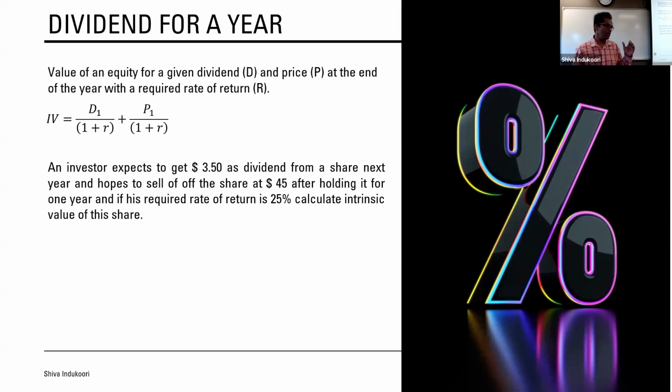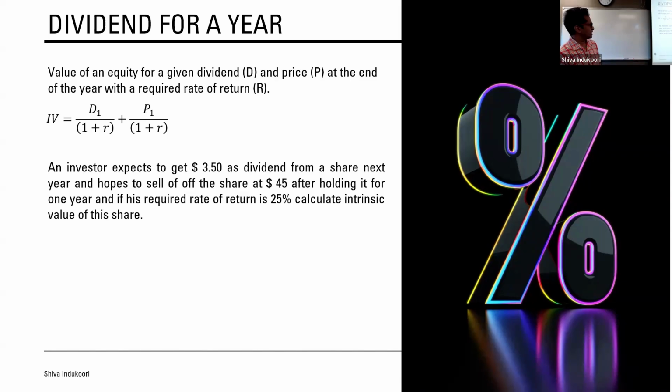So that could be one criteria, or you can have your own base. Okay. So when you discount the price expected after 1 year and dividend expected after 1 year with your required rate of return, you get the intrinsic value or equity value or fair value of a stock. Okay, this is how you'll be doing this.